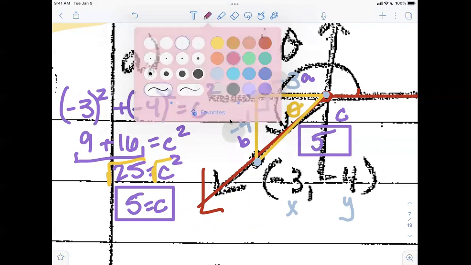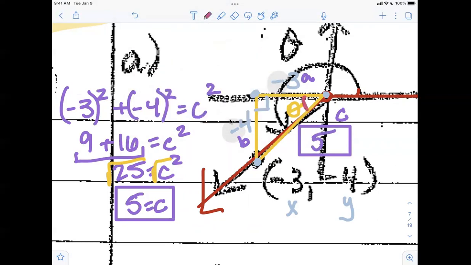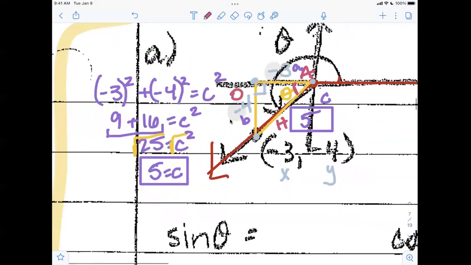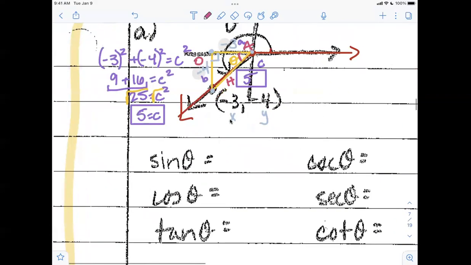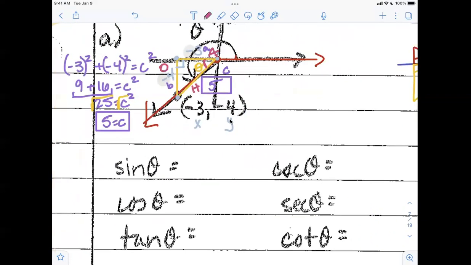Now that I've done this though, I know where theta is, I'm going to label opposite, hypotenuse, and adjacent, and I'm going to do my sine, cosine, tangent, cosecant, secant, and cotangent. If it's helpful to you, write SOH CAH TOA and do all the reciprocals.